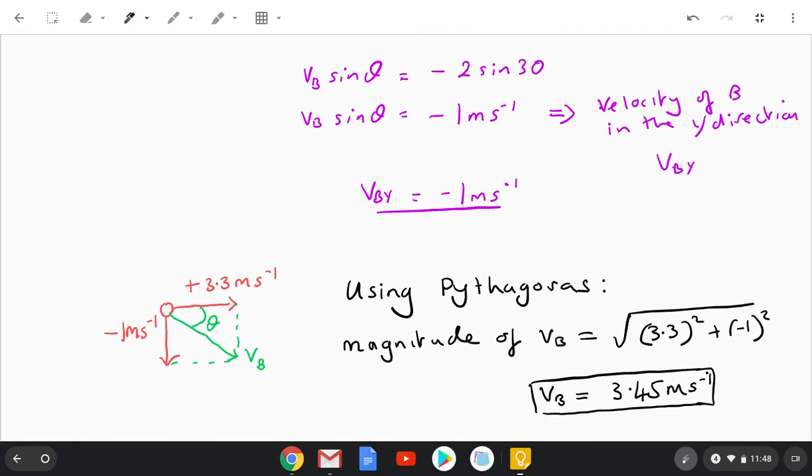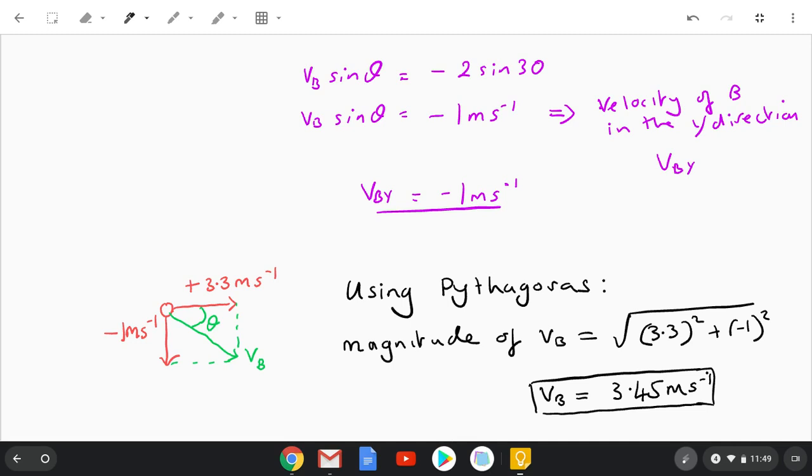So let's have a look in more detail. We've just seen that the component of velocity going downwards, the y component, is minus 1 meters per second. How do we get that? We use the conservation of momentum in the y direction. We've got the velocity of B in the x direction after the collision. How did we get that? We use the conservation of momentum in the x direction.